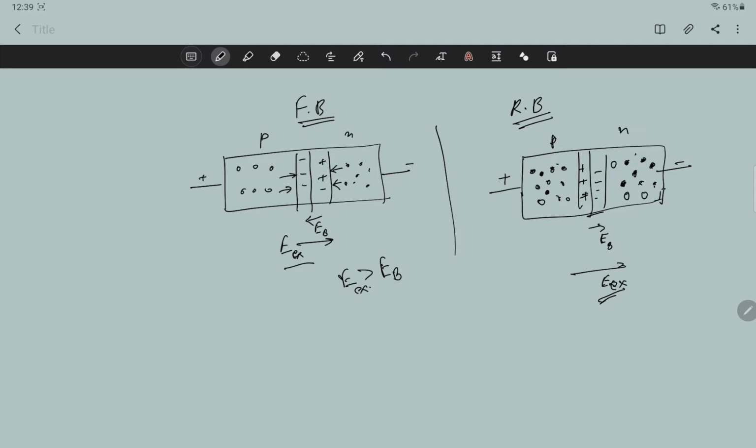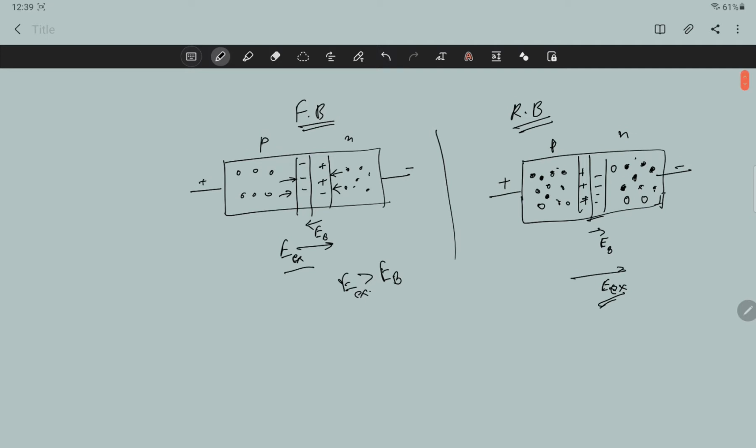So when all majority charge carriers are finished, these minority charge carriers will remain, and they will feel a high electric field, because of the external applied field plus the internal field due to the depletion region; they will feel E_B plus E external.